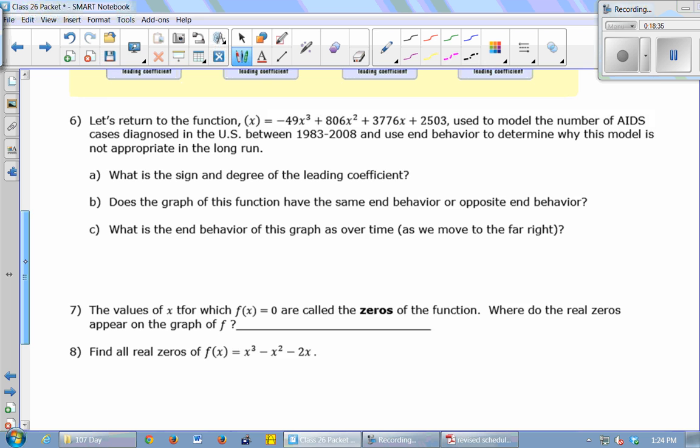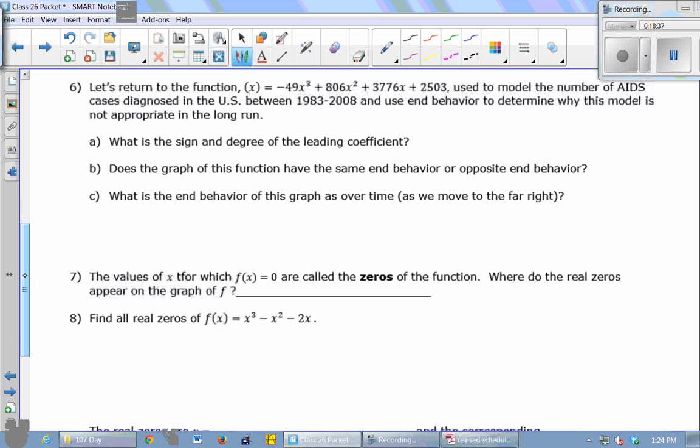So what is the sign of the leading coefficient? Negative, right? It's negative 49. What is the degree of the polynomial?